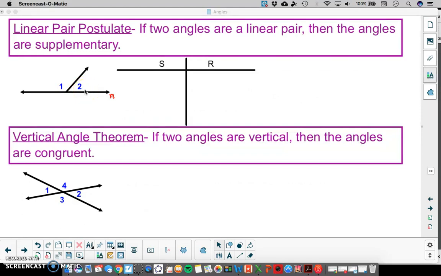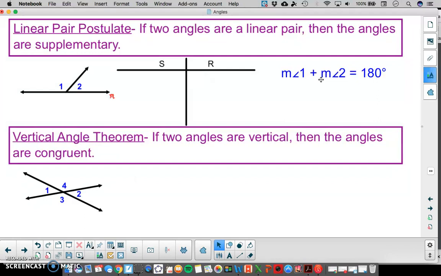What I want to do next here is actually prove the relationship that is true with angles 1 and 2, that the measure of angle 1 plus the measure of angle 2 is equal to 180 degrees. So I have this little proof template here with statements and reasons that I'm going to be filling in. I know from my diagram that angle 1 and 2 are a linear pair. That's given information.